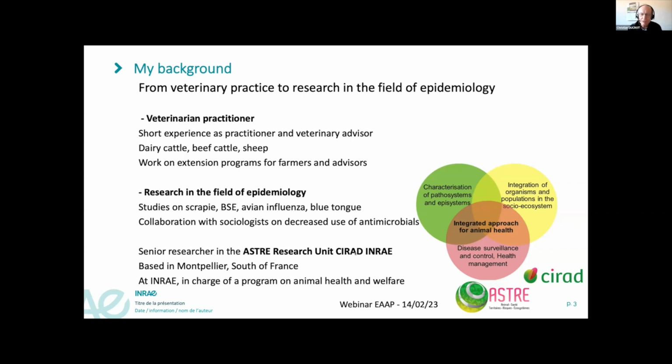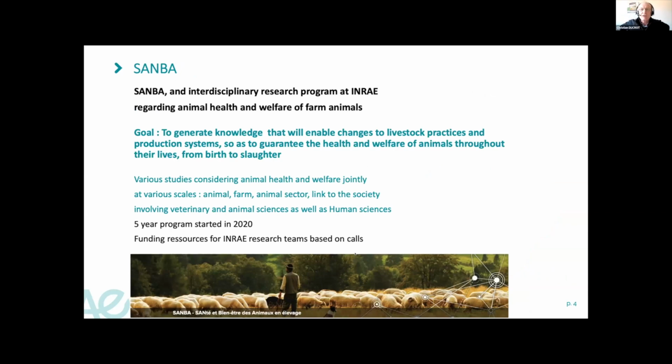I want to tell you a couple of words about that, because it's exactly on the topic of today. This interdisciplinary research program at INRAE is called SAMBA, and it concerns the health and welfare of farm animals. The goal is to generate knowledge that will enable changes to livestock practices and production systems, so as to guarantee both health and welfare of animals throughout their lives.